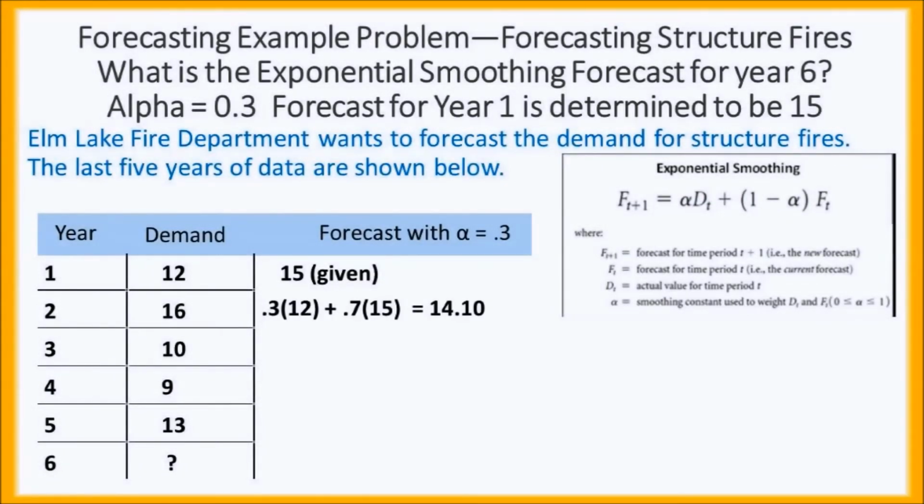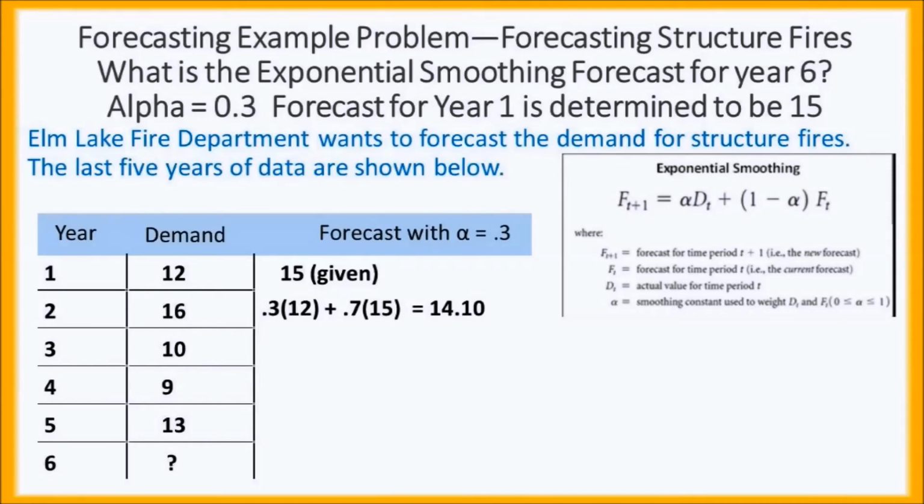Okay, because exponential smoothing is a forecasting method that builds up, in other words, it's dependent on all of the previous forecasts in order to make a forecast for the next period, it's very important when we're doing this math to recognize where you are standing, or what the current year is.